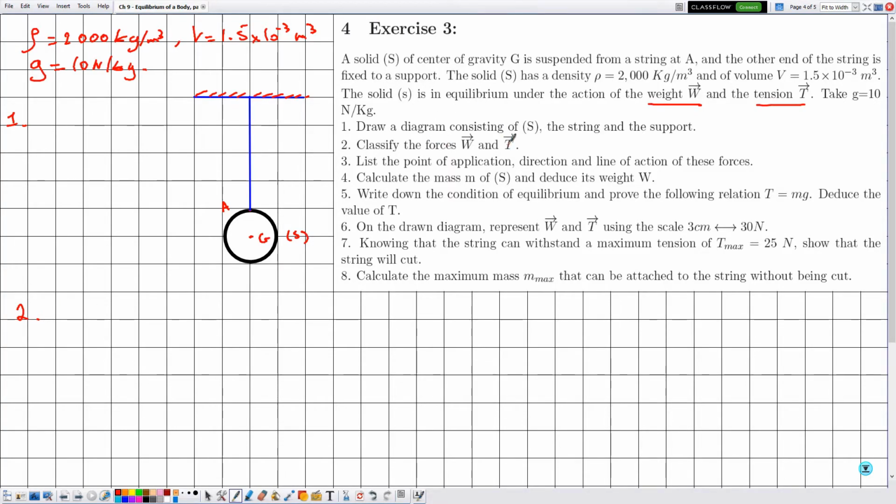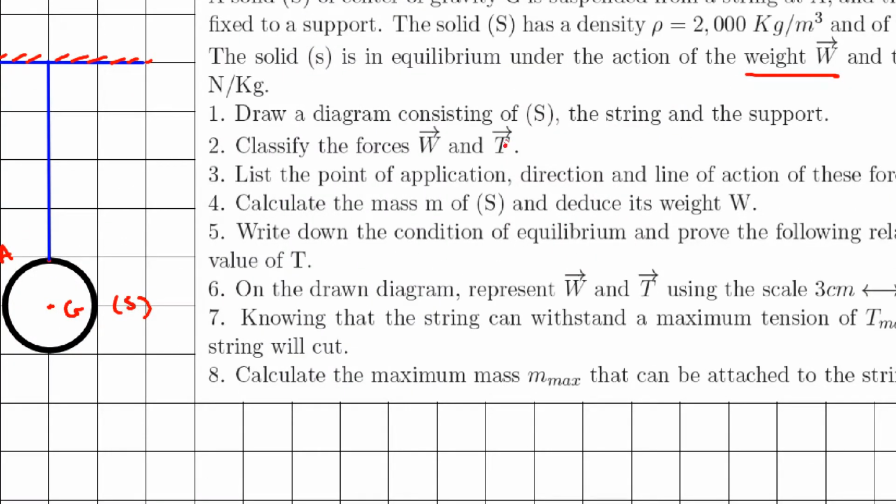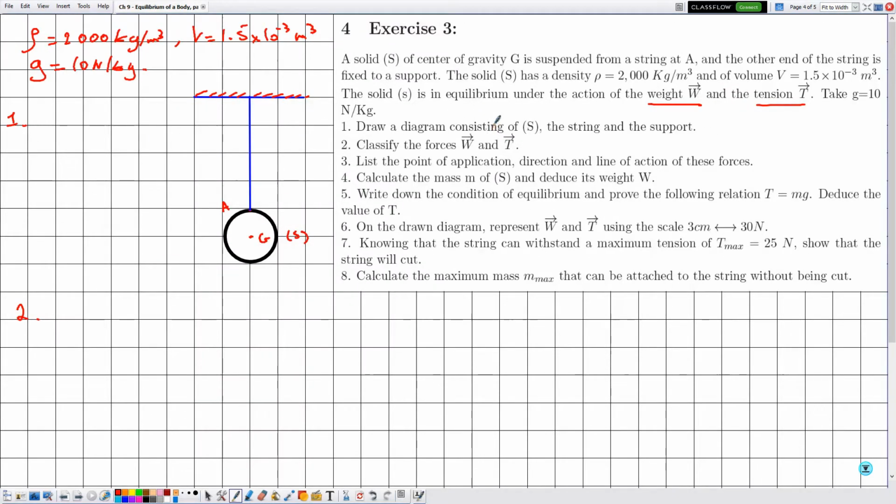Now in number 2, they are telling me to classify the forces W and T, and by the classification it means that we need to specify which of these forces is acting at a distance or a contact force.